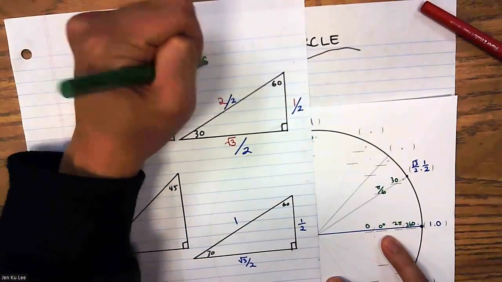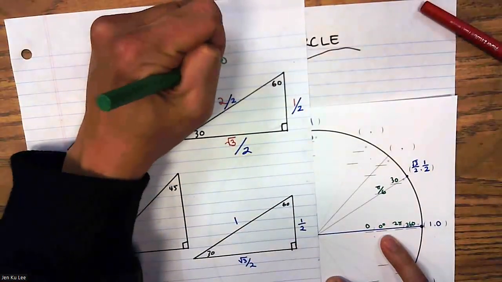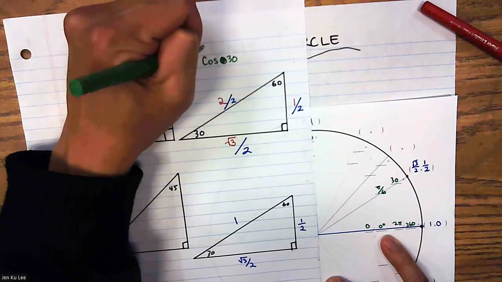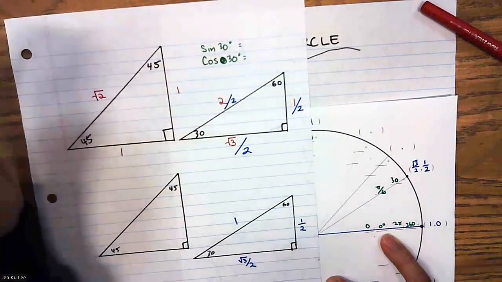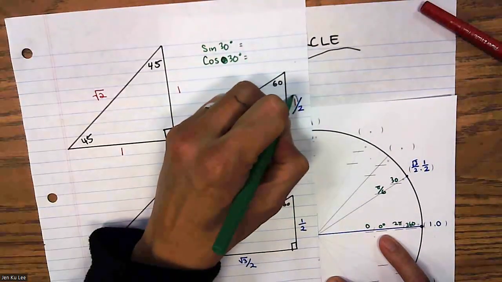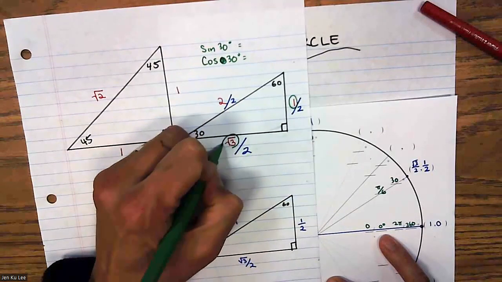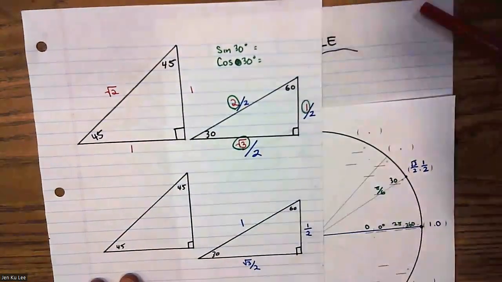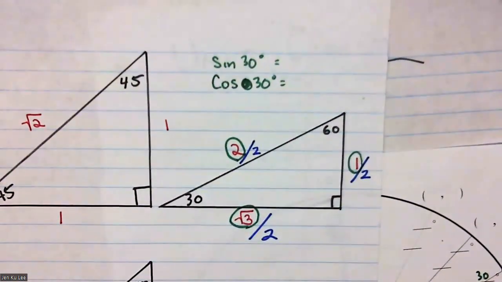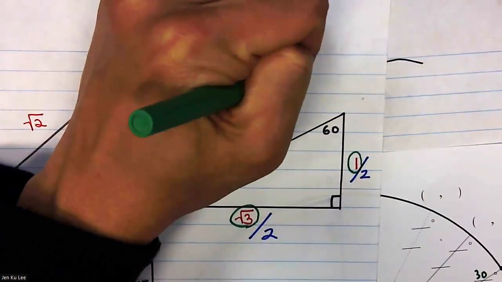So now it's a good transition. Can we get cosine of 30 and the sine of 30? What is the sine and cosine of 30 if we're using these numbers? Let's use these numbers. What is the sine of 30? 1/2, right?